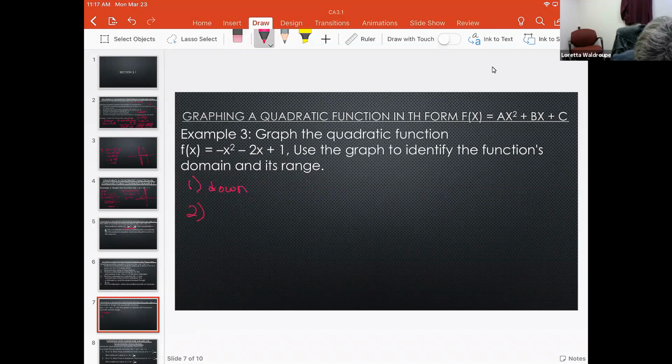Okay, for the x value, you do negative b over 2a. So this is a, b, and c. So negative b over 2 times a, and you simplify that. Let me stop there. Questions on what I did?